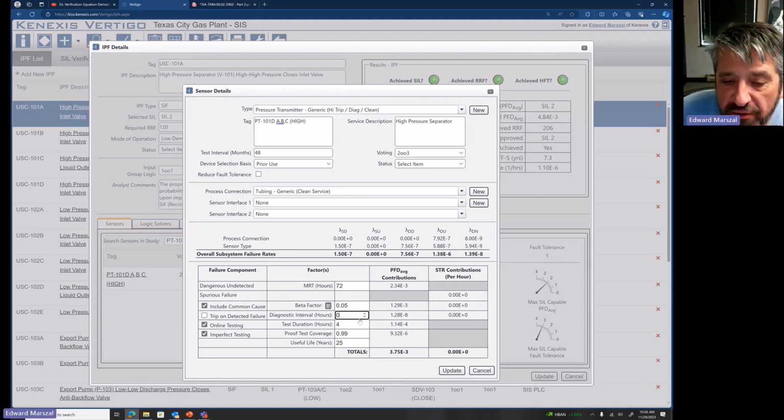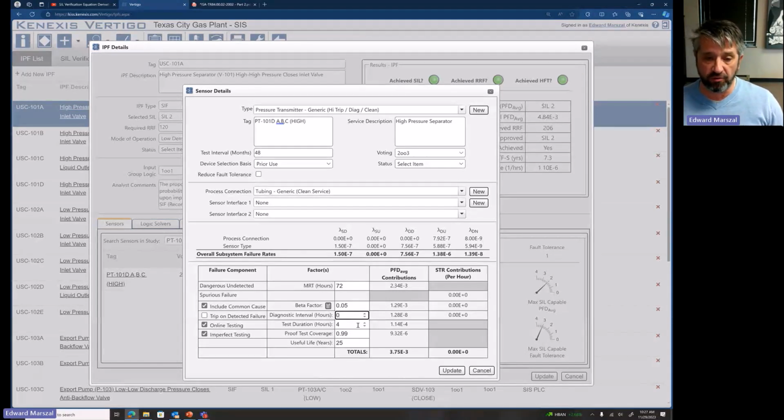That's a very good question, and I'll delve into this a little bit more when I actually show the equations. But the assumption that we're making here with the diagnostic interval, can you say that again? Was it the diagnostic interval or was it the online test duration?